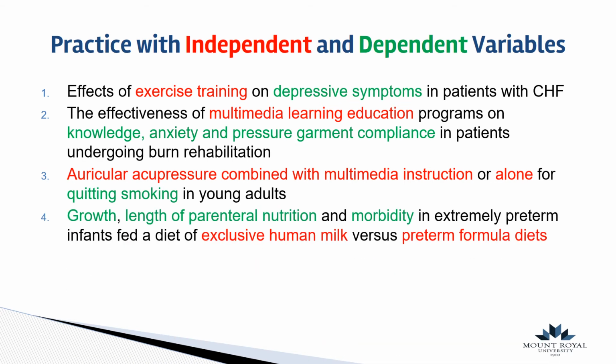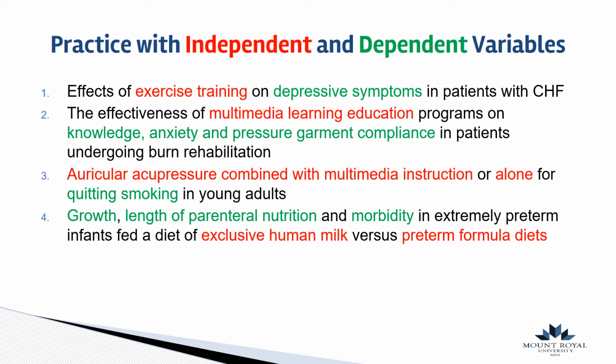4th one here. So this looked at growth, the length of parenteral nutrition, or what we call TPN, and morbidity, so complications or death or not death, that's mortality, sorry, morbidity, so any kind of complications. This was in extremely preterm infants, and they compared a diet of exclusive human milk versus preterm formula diets.